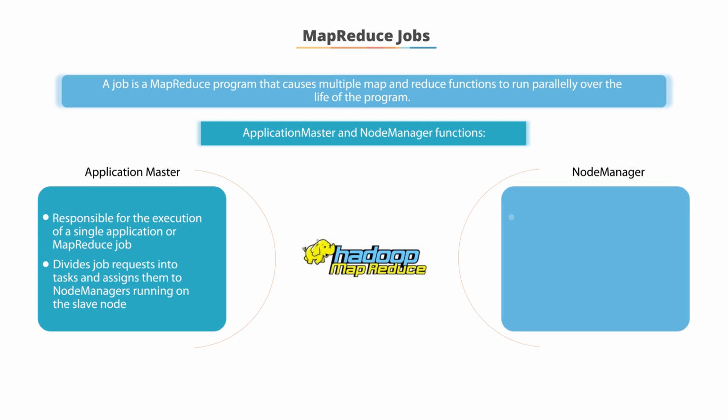The node manager has a number of dynamically created resource containers. The size of a container depends on the amount of resources it contains, such as memory, CPU, disk, and network I/O. It executes map and reduce tasks by launching these containers when instructed to by the MapReduce application master.